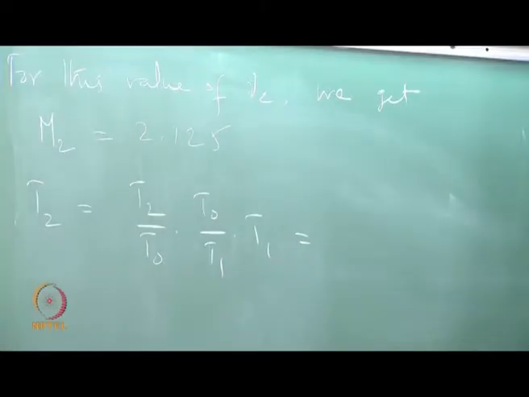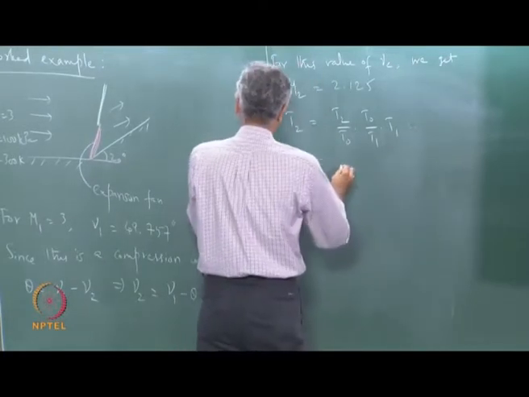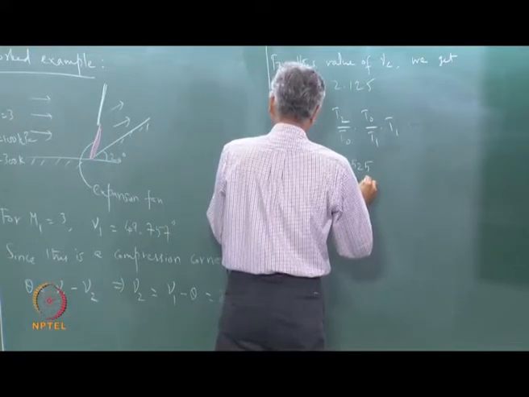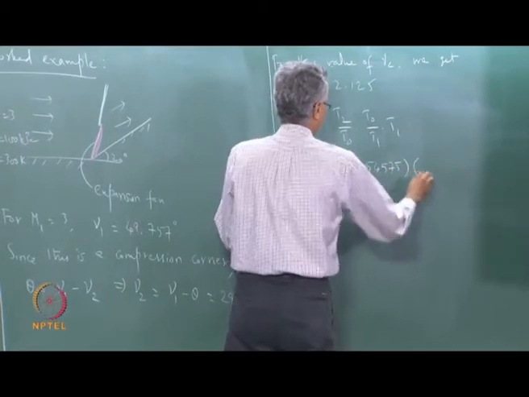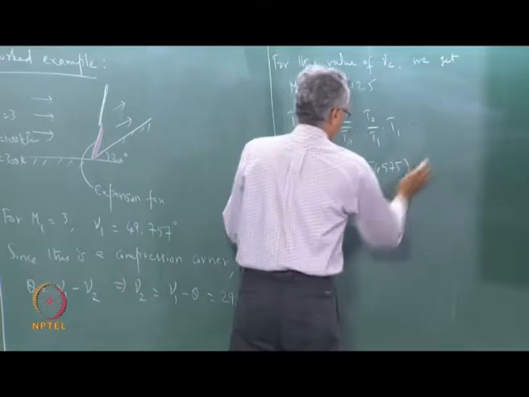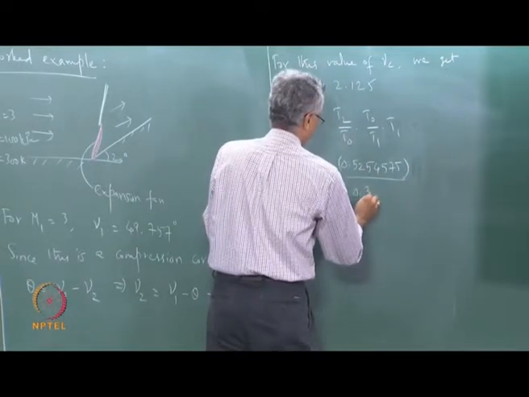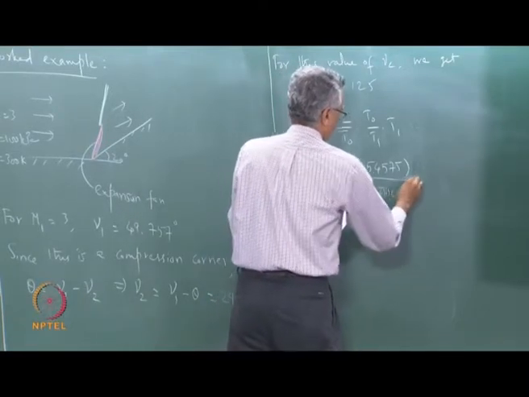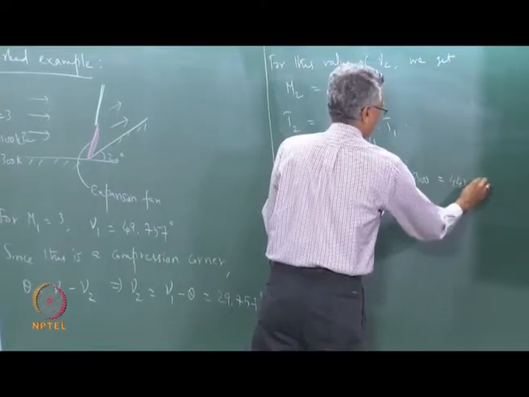So if you substitute the values, you get 0.5254575 from our isentropic table, divided by 0.35714, times 300. So this comes out to be 441 Kelvin.